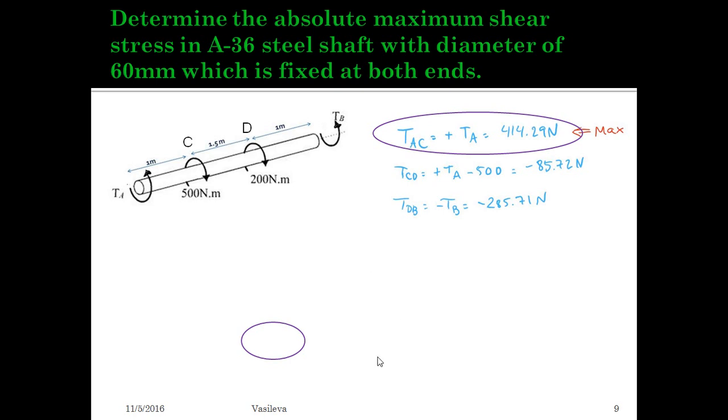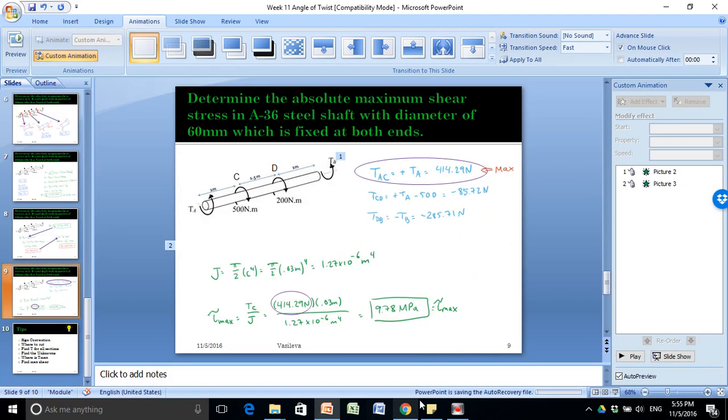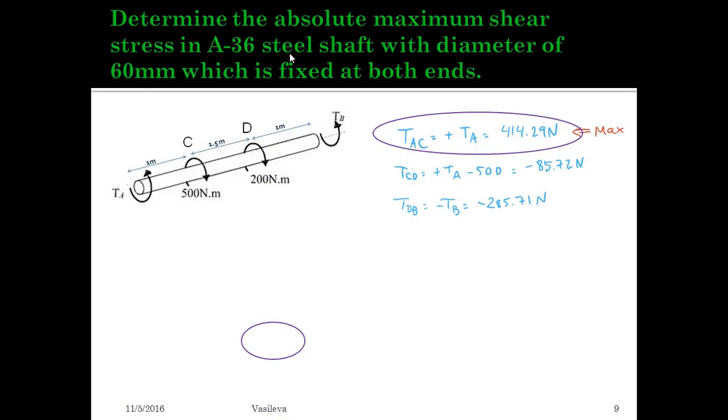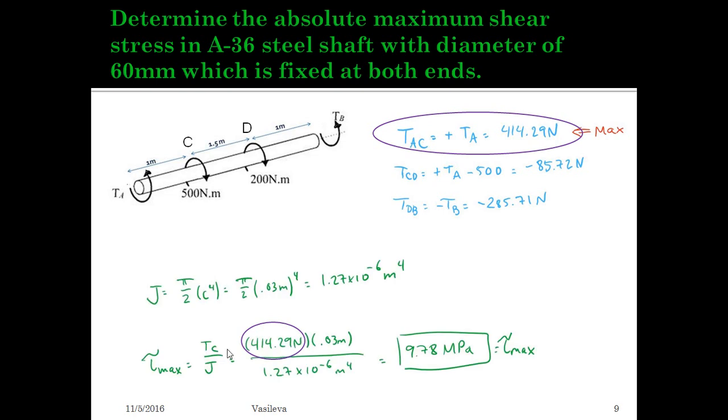So we know what those are. Now that we found the internal torques for all three sections, we look at the maximum torque, which happens to be TAC with 414.29, and then we can solve for the polar moment of inertia.